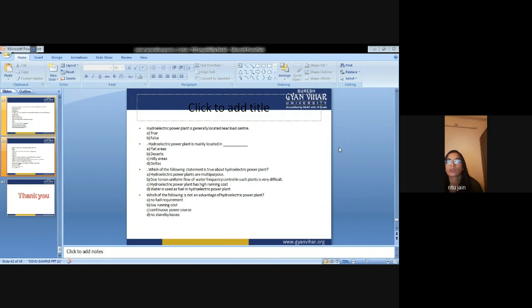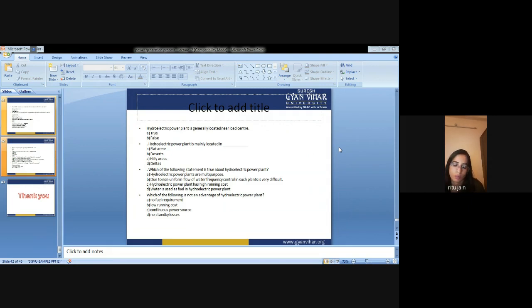Next: which of the following is not an advantage of a hydroelectric power plant? We have already discussed the advantages and disadvantages. Number one, no fuel requirement; low running cost; continuous power source; no standby losses.